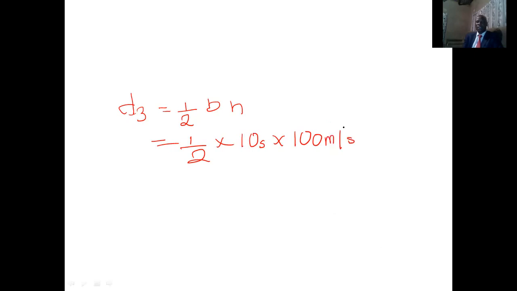And again, we note that here this second and this second are going to cancel. 2 here is 1, 2 there, 10 divided by 2 is 5.